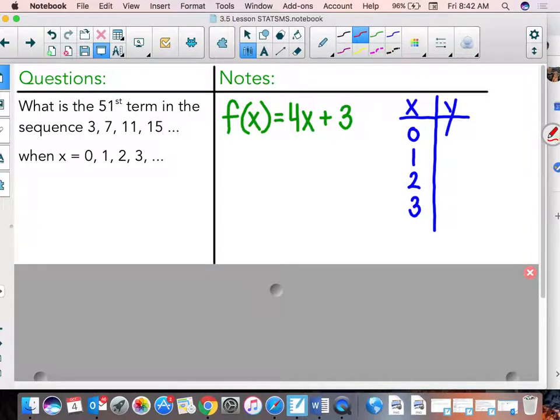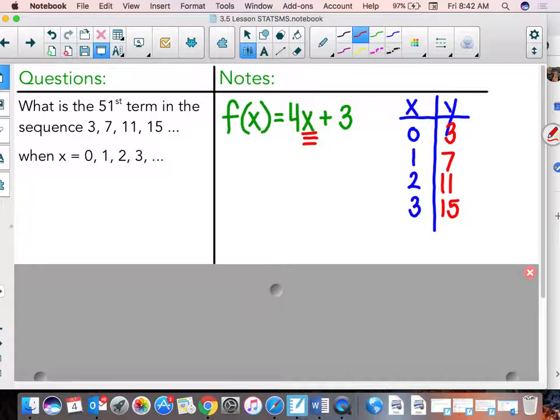If I'm plugging them in here for x, 4 times 0 plus 3 is 3. 4 times 1 plus 3 is 7. 4 times 2 plus 3 is 11. 4 times 3 plus 3 is 15.